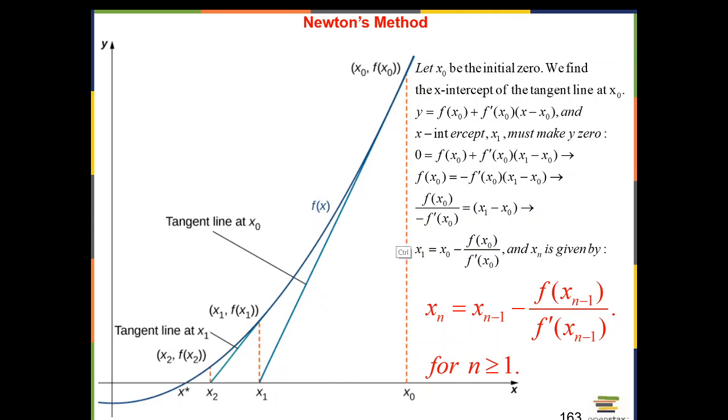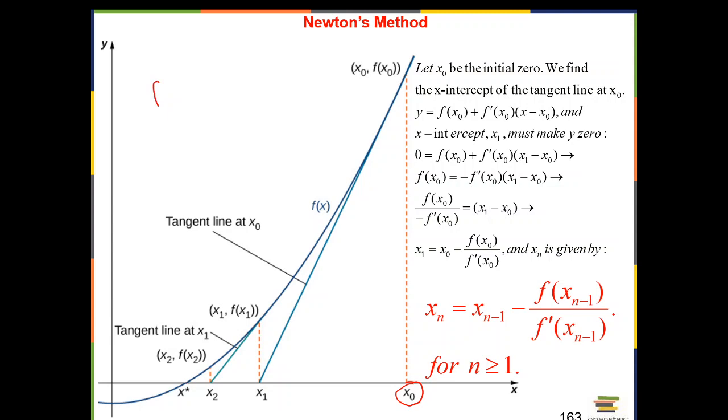Right? All right, so where does the formula come from? The formula really is easy to understand, because what we start with is just the number x sub 0. And then we draw the tangent line. So we write the equation of the tangent line at x sub 0. How do we do that?